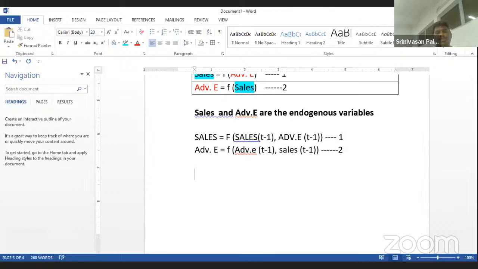There is a procedure in time series econometrics. Please make a note. First one is unit root. Then VAR model. Then Granger causality test.